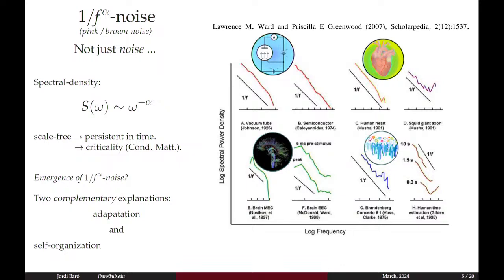If you look at the spectral density of this noise, we may identify power law relations, a power spectrum, and this happens at different scales.